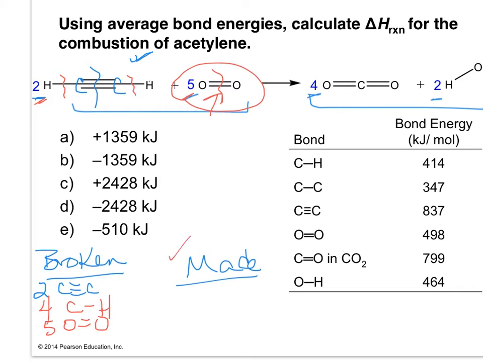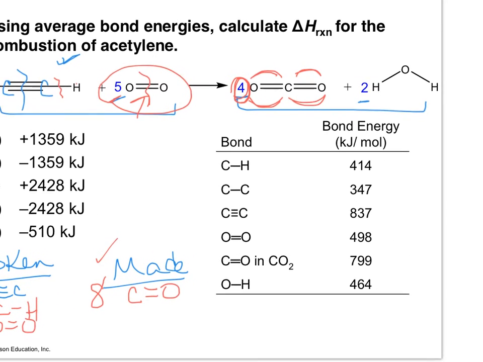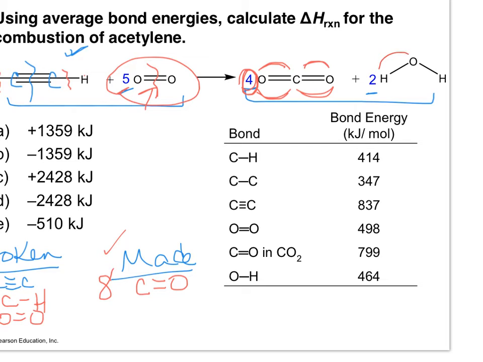Let's take a look at the bonds we've made. We have made carbon-oxygen double bonds. How many of them have we made? Well, we've made 2 for each molecule, and we have 4 molecules. So 4 times 2, we've made 8 carbon-oxygen double bonds. And we have also made hydrogen-oxygen bonds, 2 of them for each water molecule, and we have 2 water molecules, so 2 times 2 is 4 hydrogen-oxygen bonds.